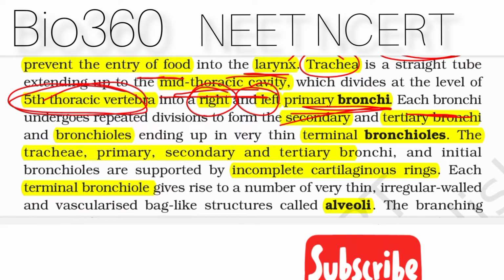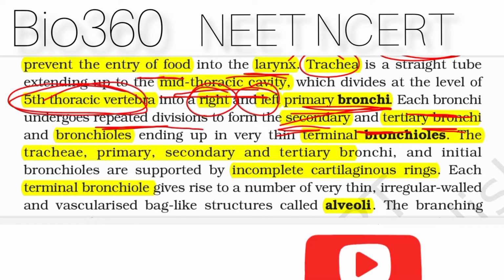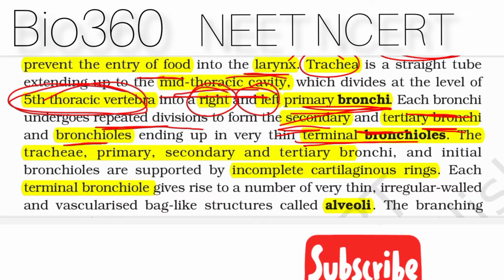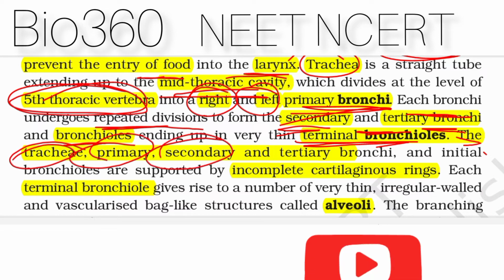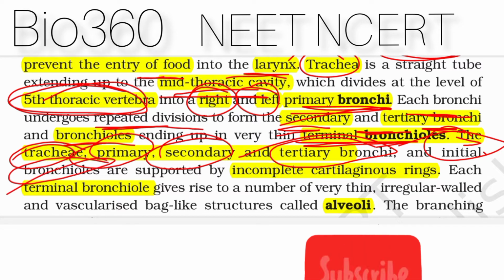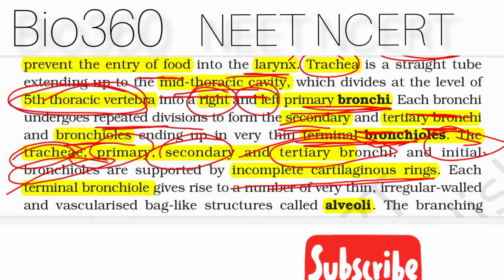Each bronchus undergoes repeated division to form secondary and tertiary bronchi and bronchioles, which end up with terminal bronchioles. The trachea, primary, secondary and tertiary bronchi along with initial bronchioles are supported with incomplete cartilaginous rings which are C-shaped.